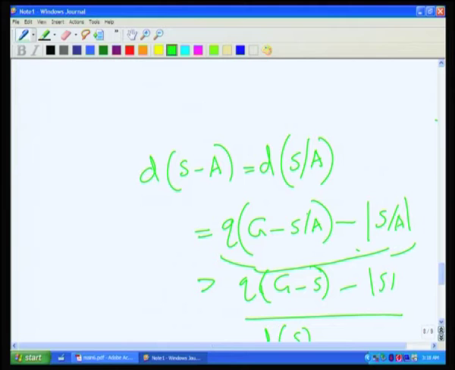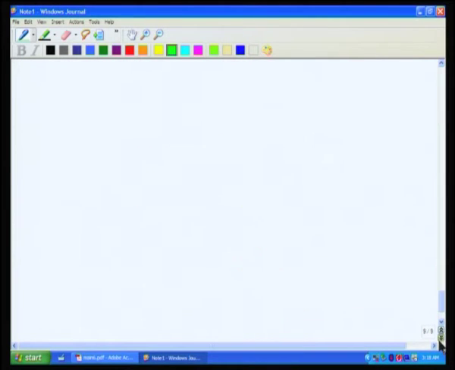So it is a contradiction. Therefore, we can say that the Hall's condition is always valid for this graph.